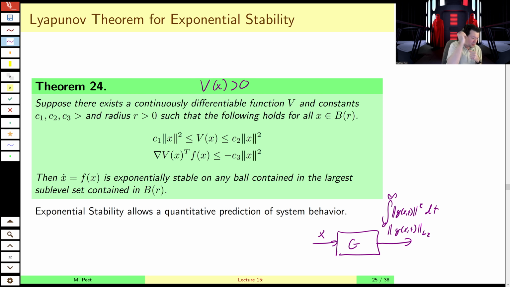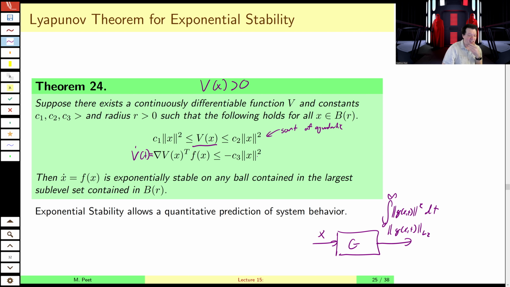Specifically, we're going to require our Lyapunov function to be sort of quadratic. And furthermore, we're going to require our derivative to also be sort of quadratic, so that V dot is less than c x squared.